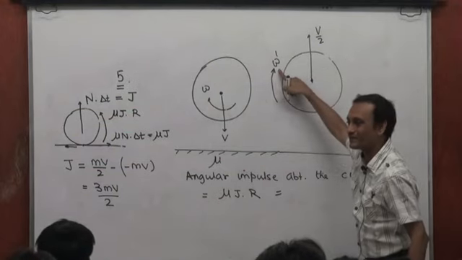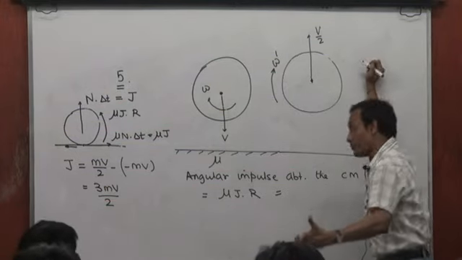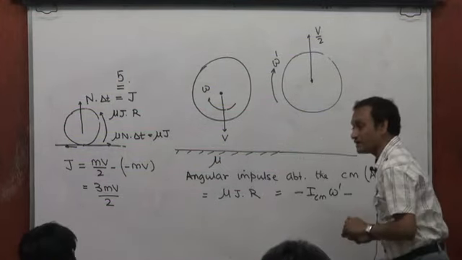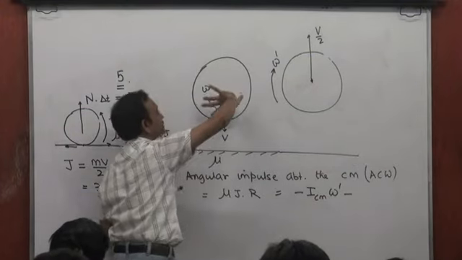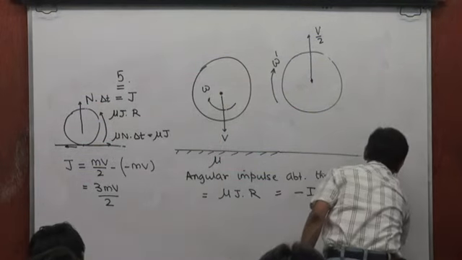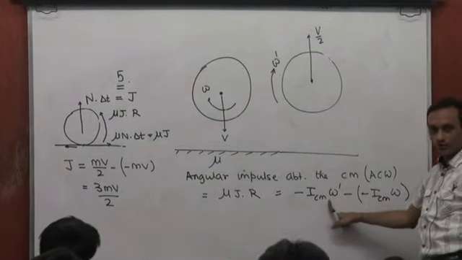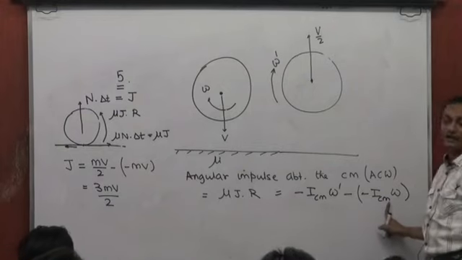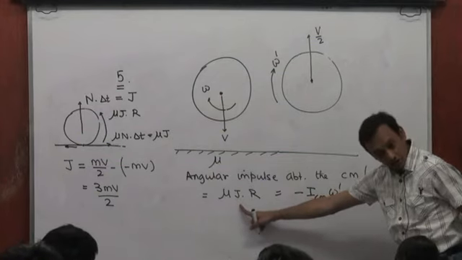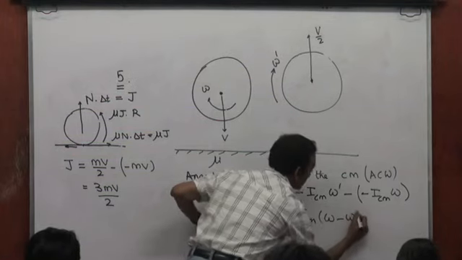ICM omega prime in the clockwise sense. So the final angular momentum in the anticlockwise sense is minus ICM omega prime. Minus the initial angular momentum in the anticlockwise direction, which would be minus ICM omega, so minus of minus ICM omega. That's the angular impulse anticlockwise about the center of mass, which is like ICM into omega minus omega prime.